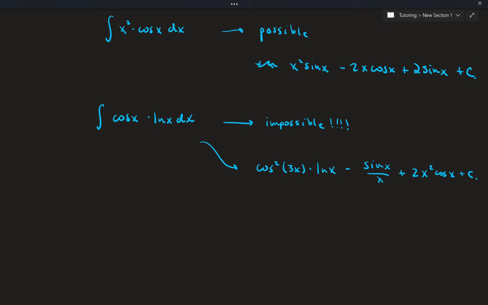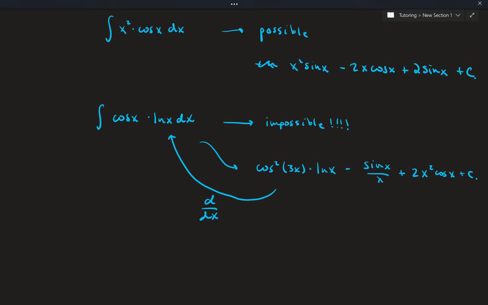It's not the answer. How would I check that that was the answer if I got that as an answer? Well, I should be able to start from here, take the derivative of this, and I should get cosine x times ln x. That's what integration is. The problem is, we've actually proven this.